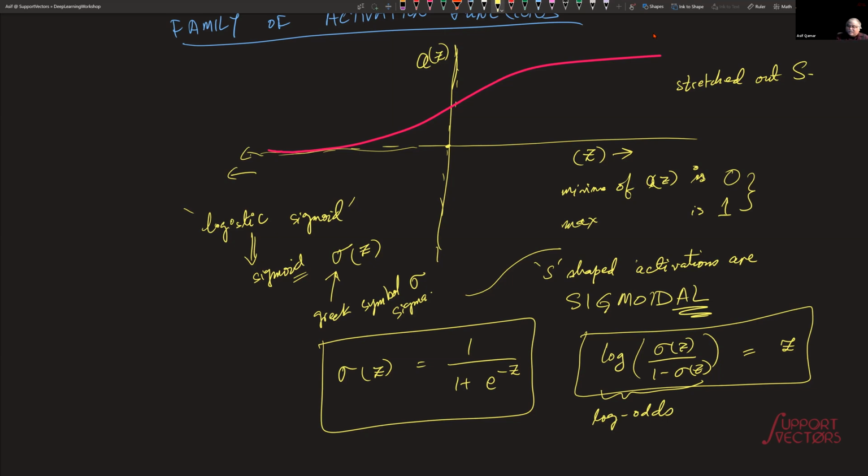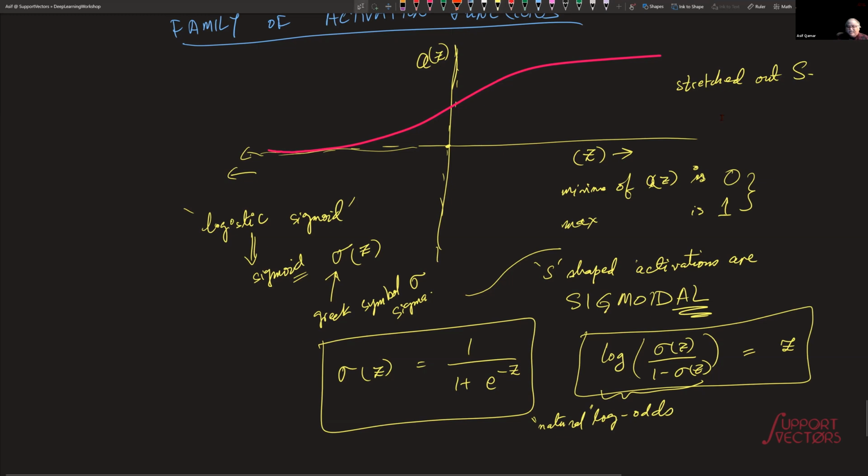So the log of odds is z. Log as in natural log. In mathematics and machine learning, when we say log, we typically mean natural log, though in computer science, traditionally log means log to the base 2. But here, natural log.